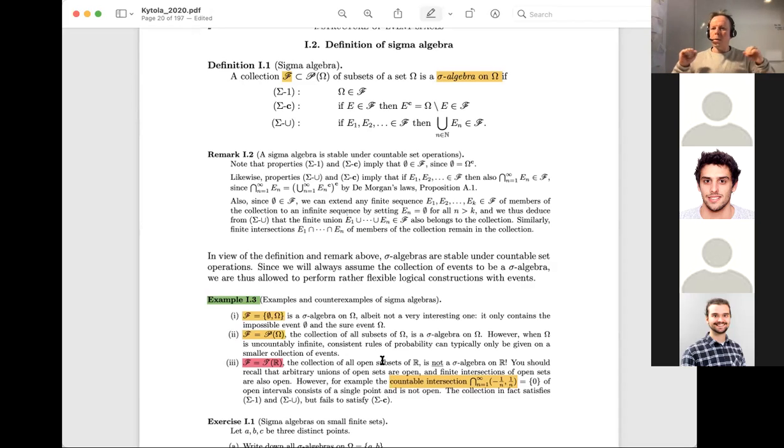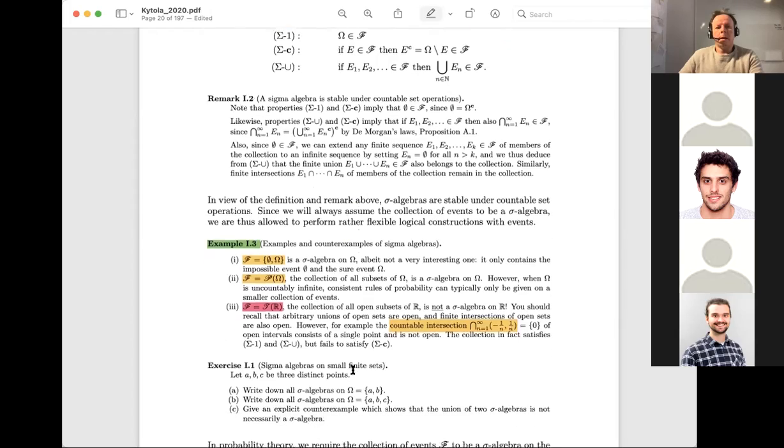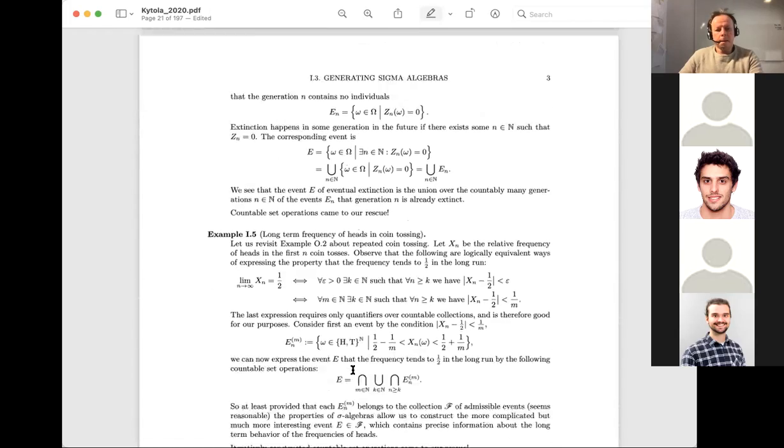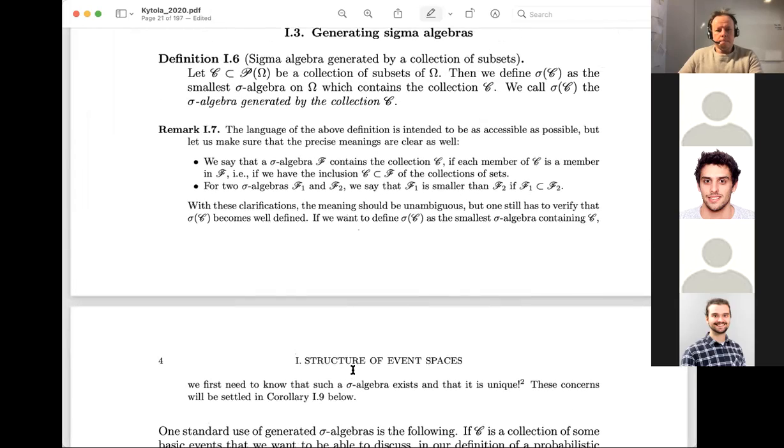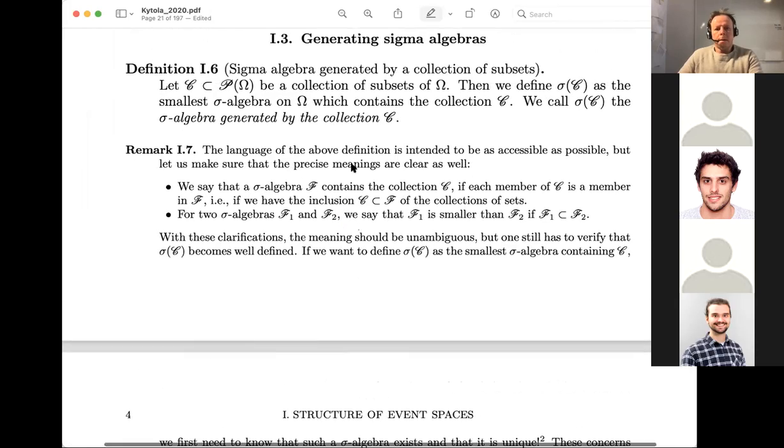So we need to extend the collection of open sets to some bigger framework which is stable enough. That's the idea of generating sigma-algebras. And how to do it? Here is how to do it. Here is the definition.